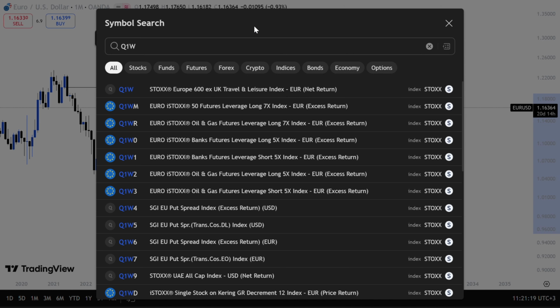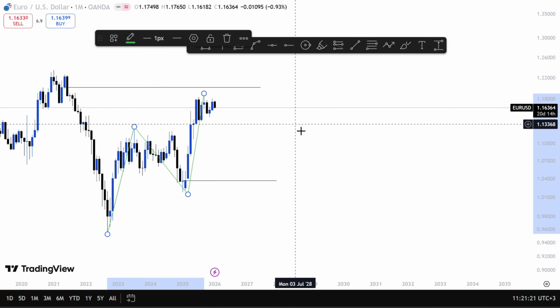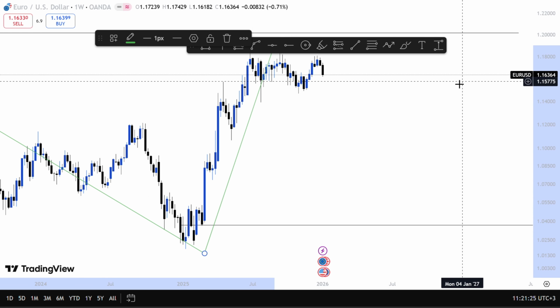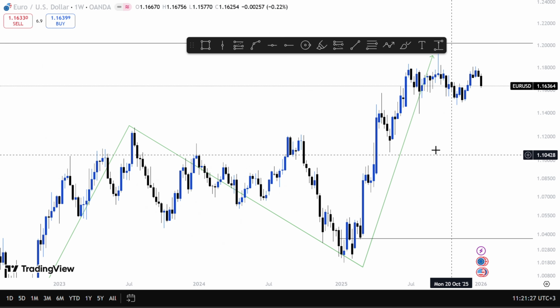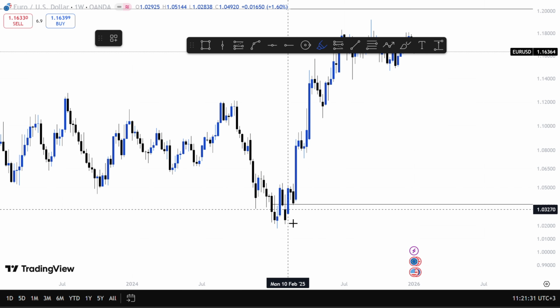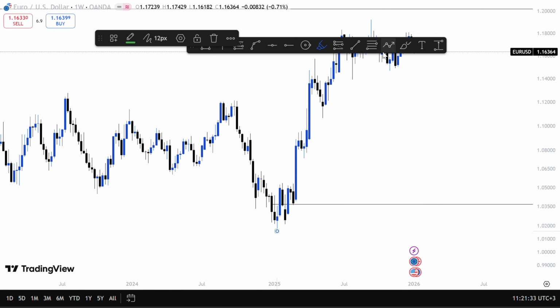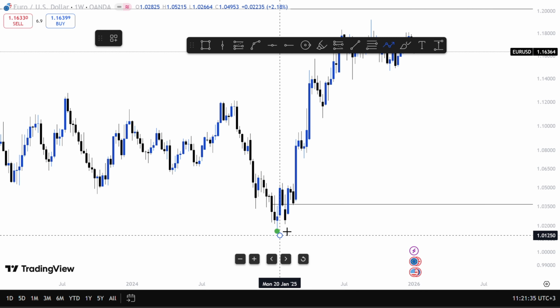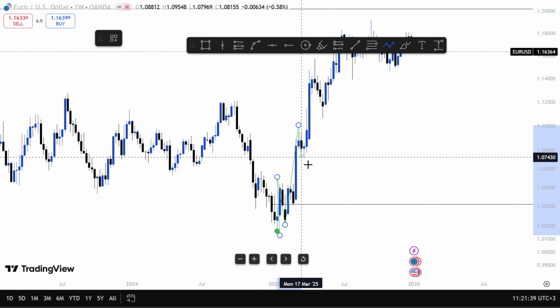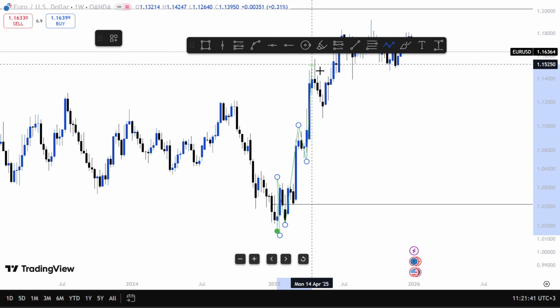Coming into the 1 week time frame, we can look at this price movement from this last low here. We have a push above, high, low, break outside.